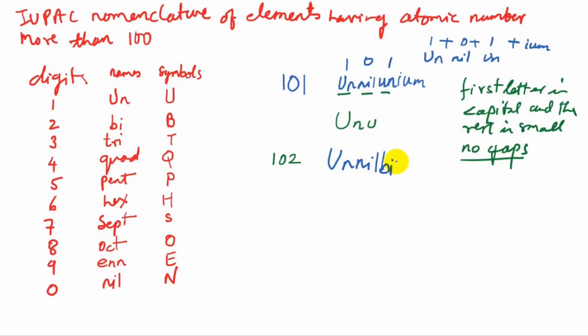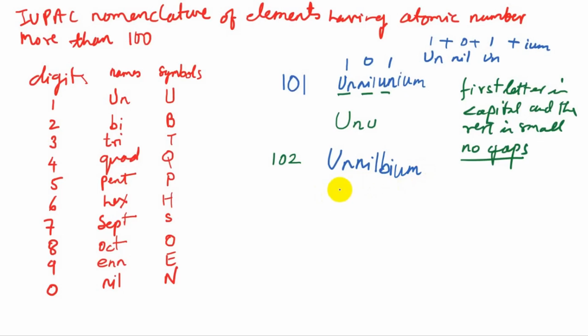Understood? And then at the end, what is added? IUM. But here, this is already ending with I, so I'll just use UM. The BI was already there. We don't repeat I.